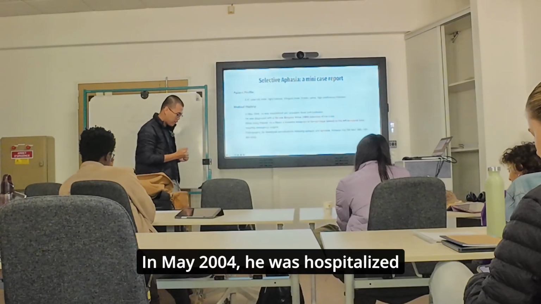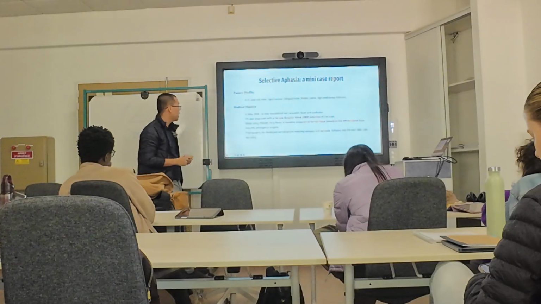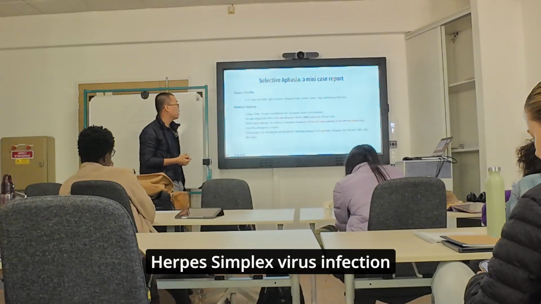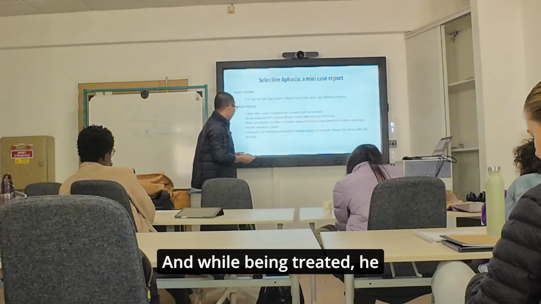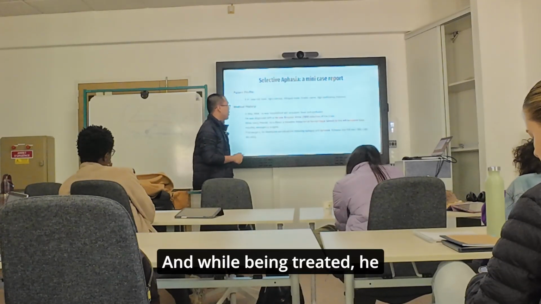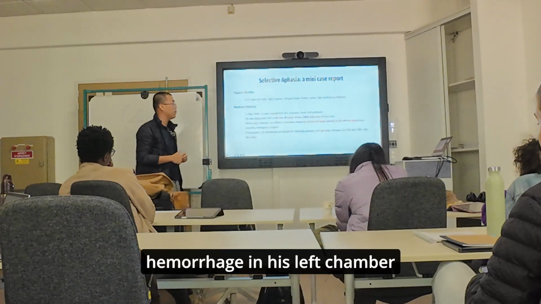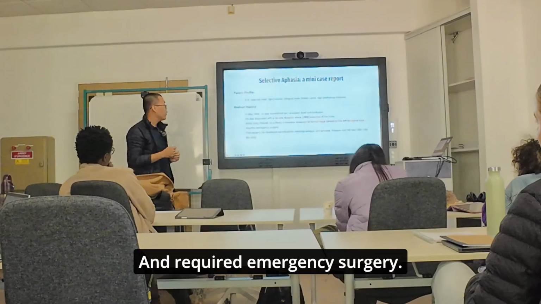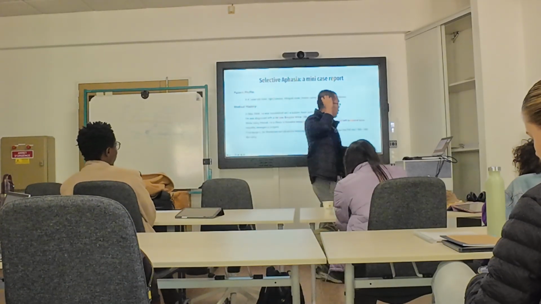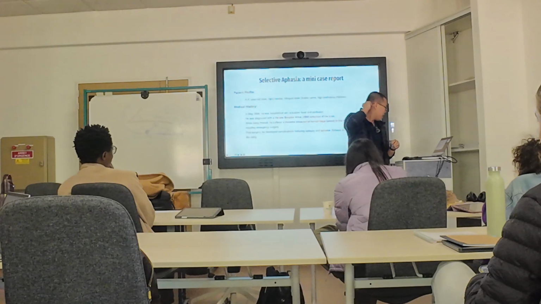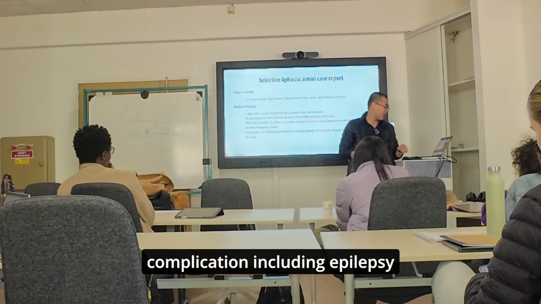In May 2004, he was hospitalized with a sudden fever and confusion, and was diagnosed with a herpes simplex virus infection of the brain. While being treated, he suffered a massive intracranial hemorrhage in his left temporal lobe, requiring emergency surgery. Post-surgery, he developed complications including epilepsy and aphasia.